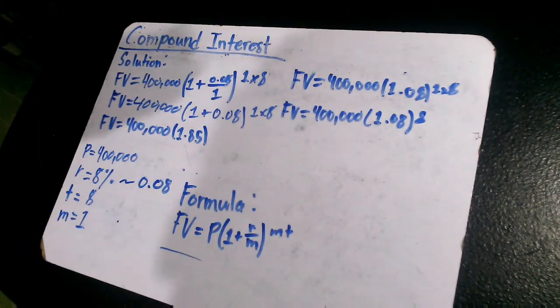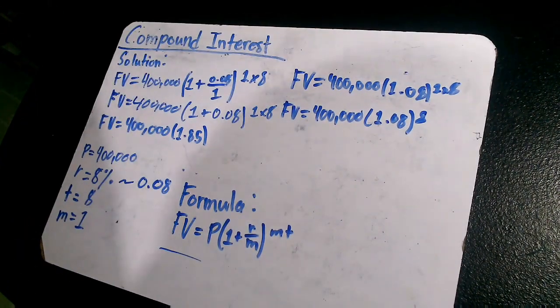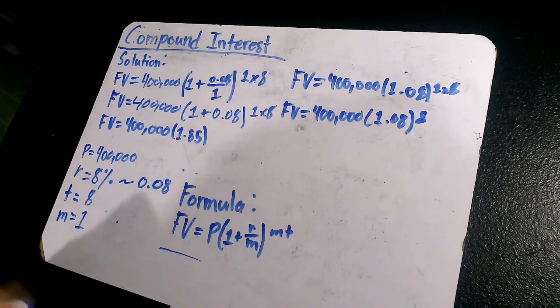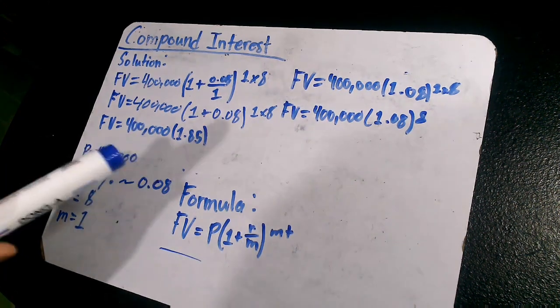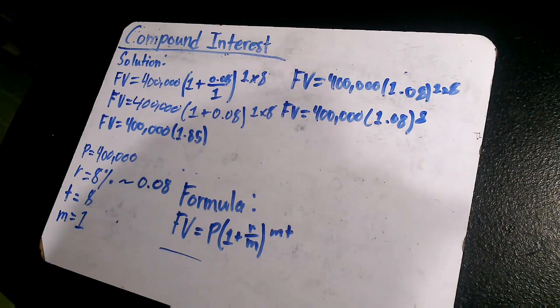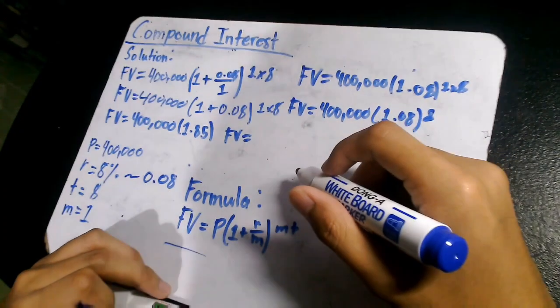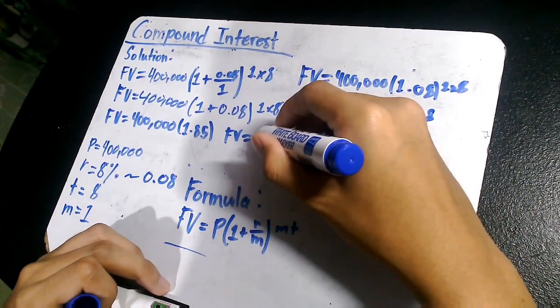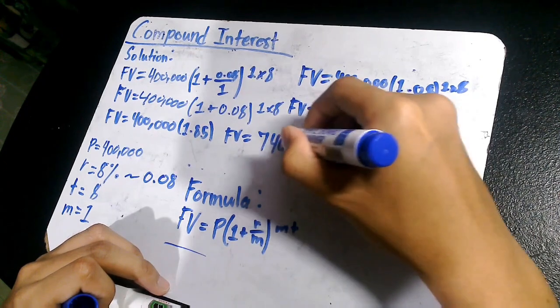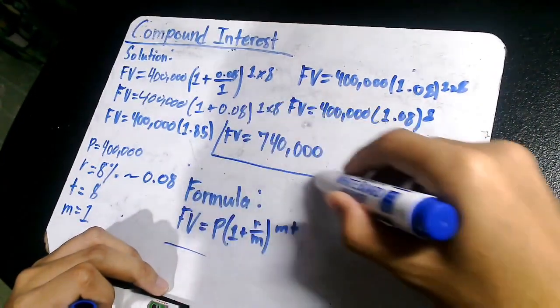I rounded off to the last two decimal digits, and 400,000 times 1.85 is FV equals 740,000. This is the final answer.